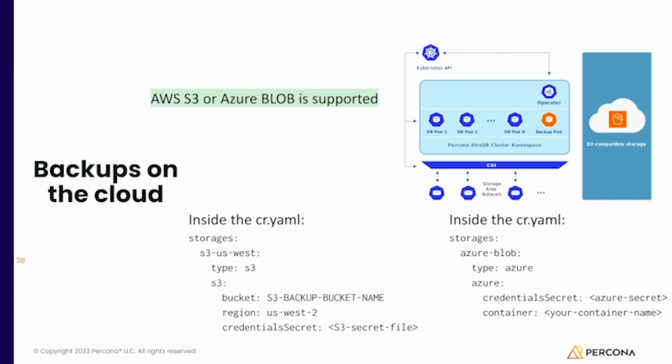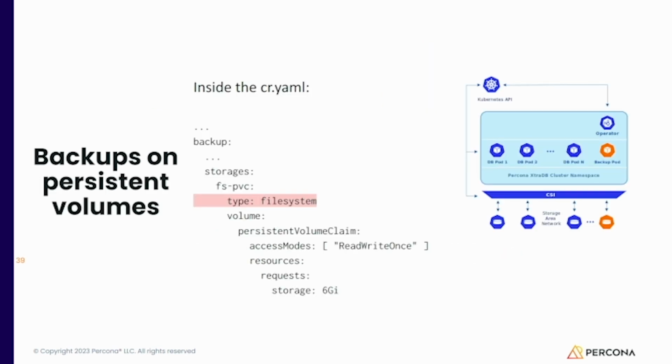There are extra steps that need to be set up apart from this. But at a high level, if you want to have backups on the cloud, you need to set up some configuration on the CR YAML. You need to target the cloud, set up some configuration, and once set up, it should work flawlessly. If you want to have backups on the persistent volume, you also edit the YAML file, but the configuration will be slightly different.